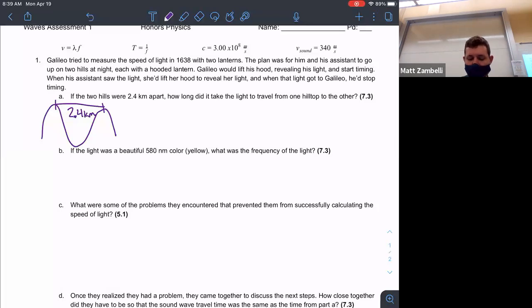So we're going to use the fact that we're looking for a time, and we know a couple of things. We know the distance between them is 2.4 kilometers, which means that it's really 2,400 meters. We know the speed of that light because it's light, which means that our velocity is going to be 3.00 times 10 to the 8th meters per second.